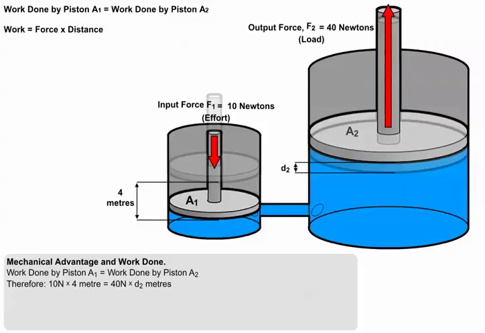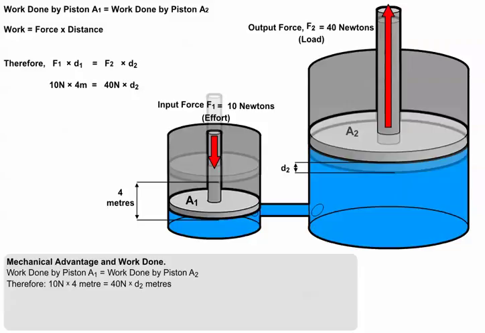We'll assume that the force of 10 newtons moves piston A1 through a distance of 4 meters. Now, we already know that piston A2 pushes upwards with a force of 40 newtons. Because we know that the work done by both pistons is the same, we can easily calculate the distance through which piston A2 rises.